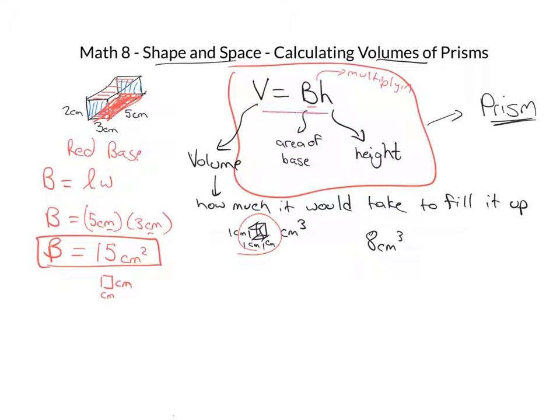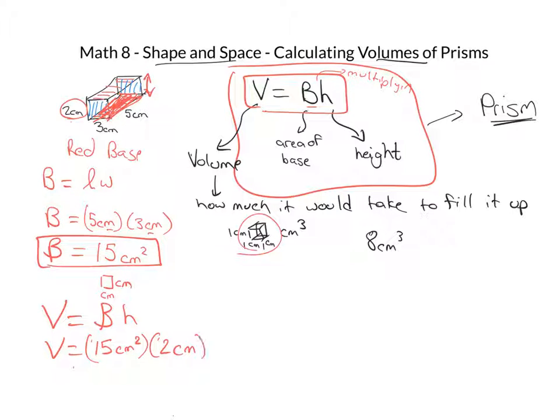So I can now use my formula over here to calculate the volume. The volume is just area of the base times the height. In this case, my base, we just calculated, was 15 centimeters squared. The height is how far it is from that base shape to the top. You can see in this case, it's 2 centimeters.